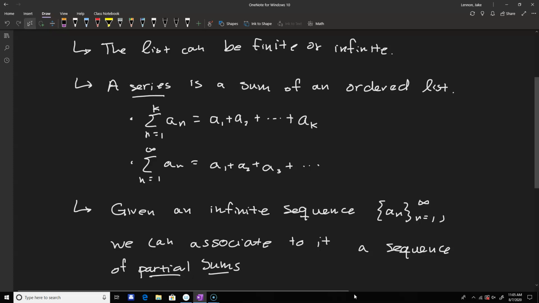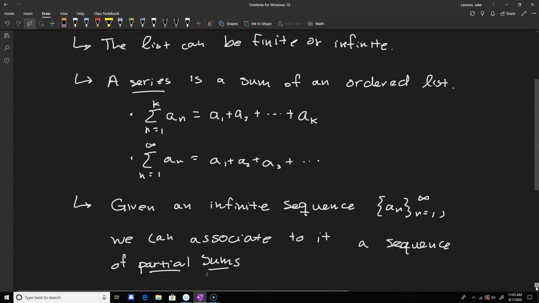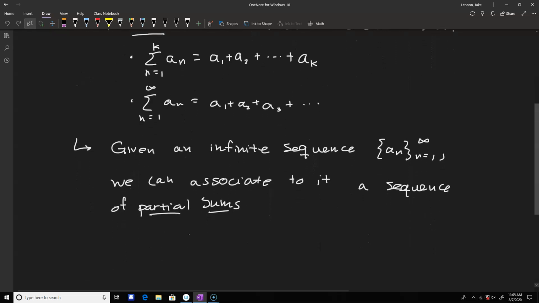The sequence of partial sums, let's say we'll denote with capital S's with indices: S sub 1, S sub 2, S sub 3, and so on. And what are each of those capital S's?